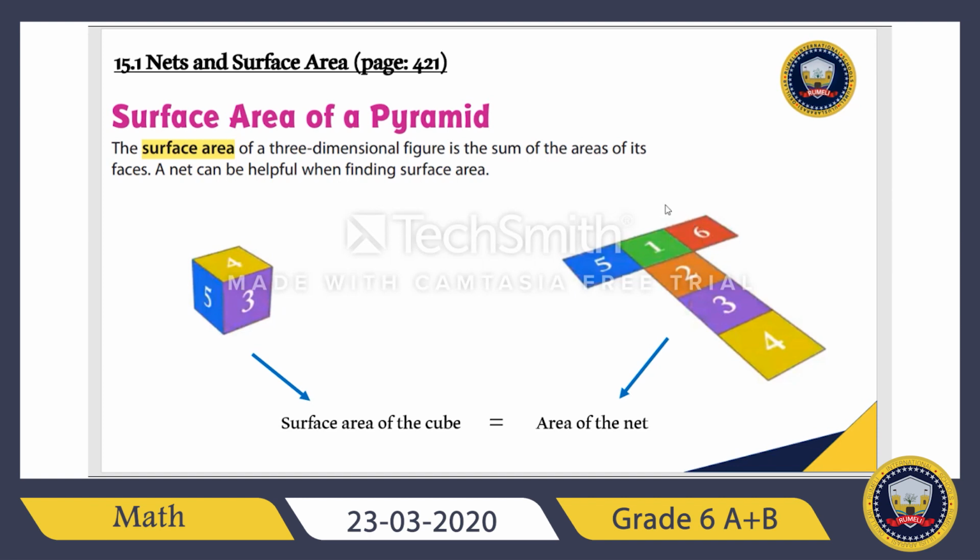It equals the area of these 6 squares. Since all of these squares are equal, it is equal to the area of 1 square multiplied by 6. The area of 1 square 6 times gives me the area of this net, and the area of the net is the surface area of my cube in this case.